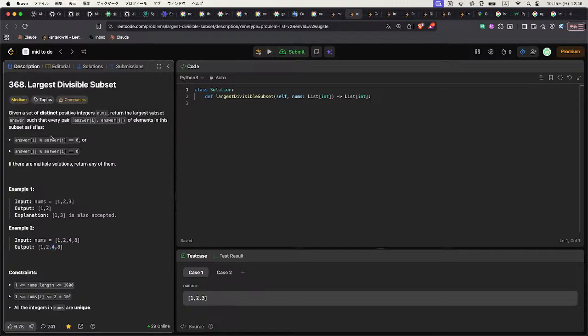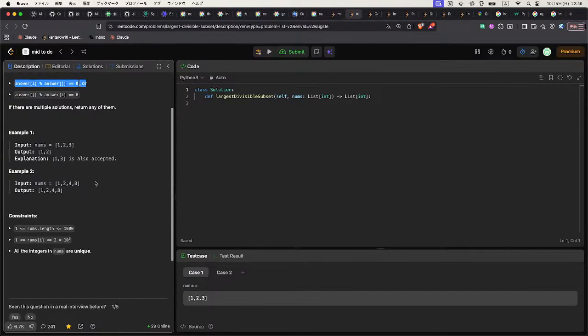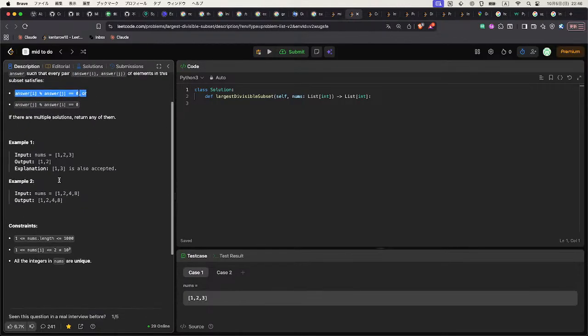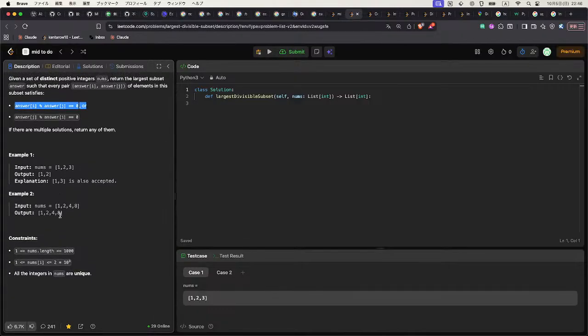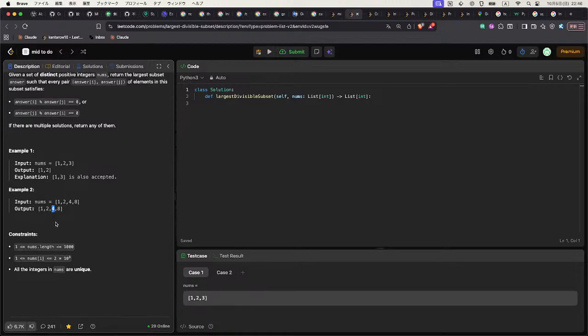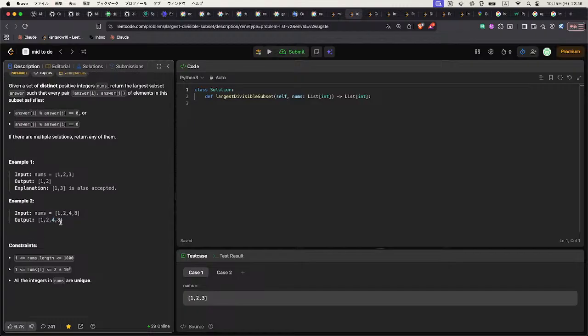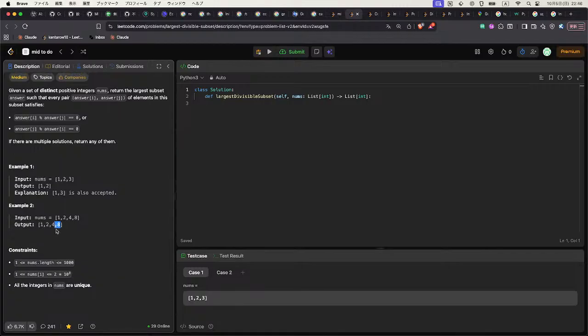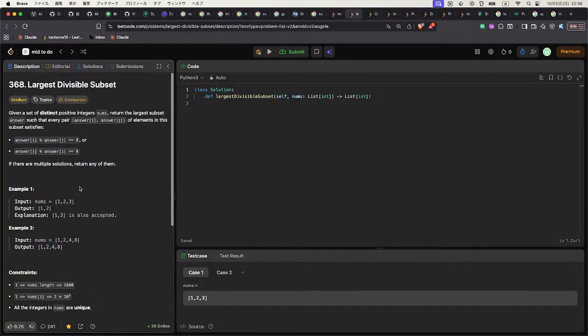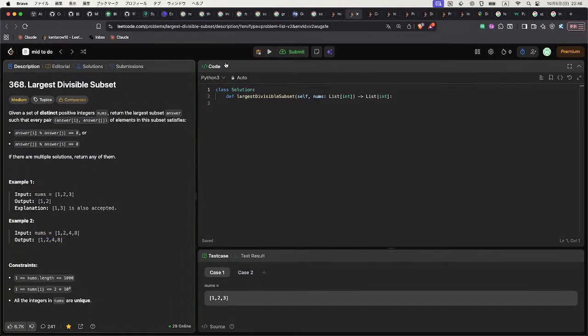So we check this condition. We should always check the number from the larger one: the larger one should be divisible by the smaller one. Okay, that's the problem.